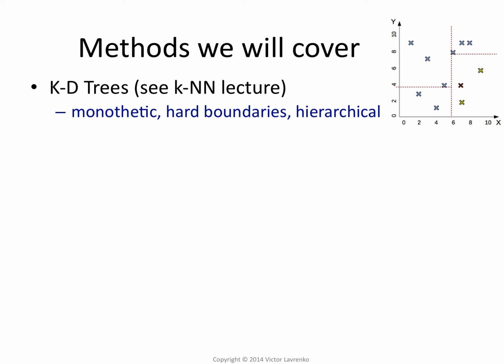So what kind of a clustering is a KD tree technique? It is monothetic, I'm going to claim. Why is it monothetic? Because remember, KD tree is fairly aggressive. At every step, at every level of the tree, it cuts the data space in half. So it's going to take a very small number of cuts until you reach the final level.